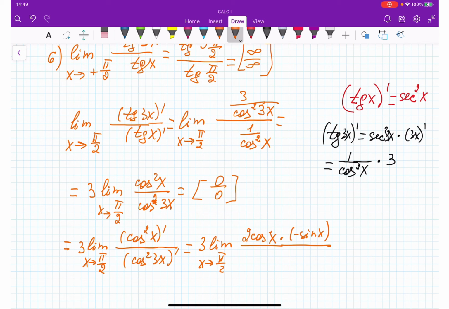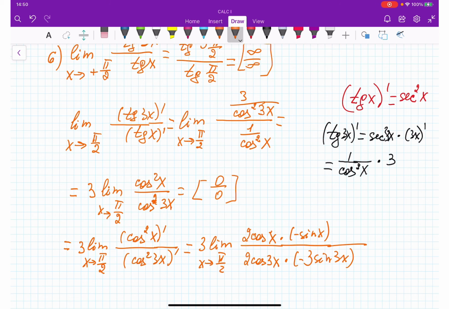Here in the denominator I will get 2 cosine 3x, and then I'm taking the derivative of cosine 3x, which is negative sine 3x, and the derivative of 3x is going to be 3.